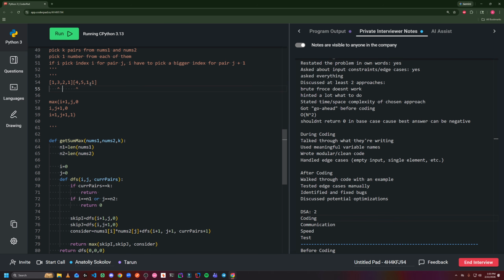Now let's say we skip the first one for both of them, and then we take the second one. We're going to get to the same place. So we skip the first one, we take this, and we come here. We're in the exact same place now.